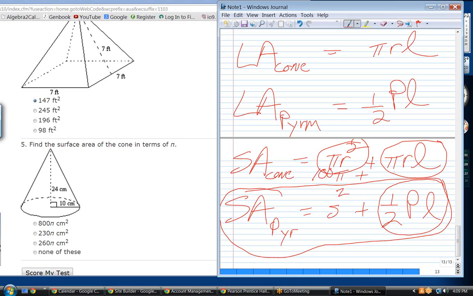So you do the Pythagorean theorem here to get the lateral length, right? So you got 10 squared minus 24 squared. No, the hypotenuse is always the sum of the other two. So it's the square root of 24 squared plus 10 squared.